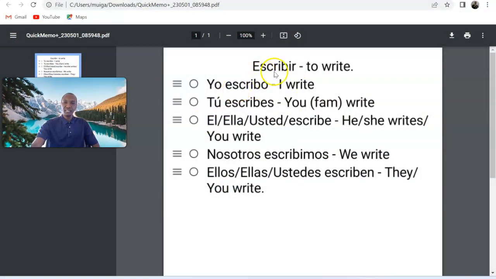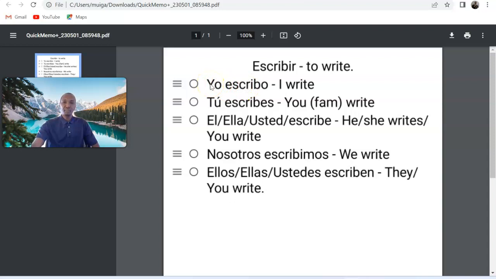If you look to the right of the screen on top, I have escribir, which means to write. So escribir in English is to write. The first person will be yo escribo. You can see the O ending right there. Now let me clarify something here.